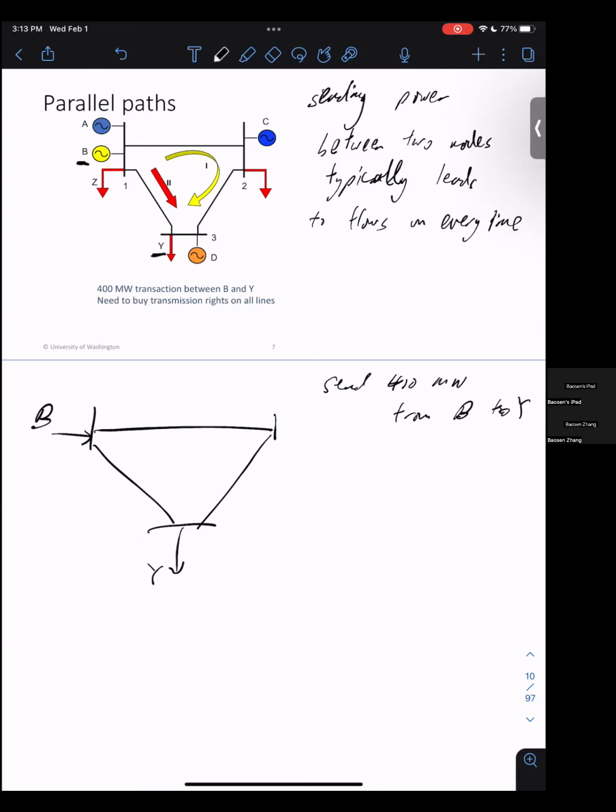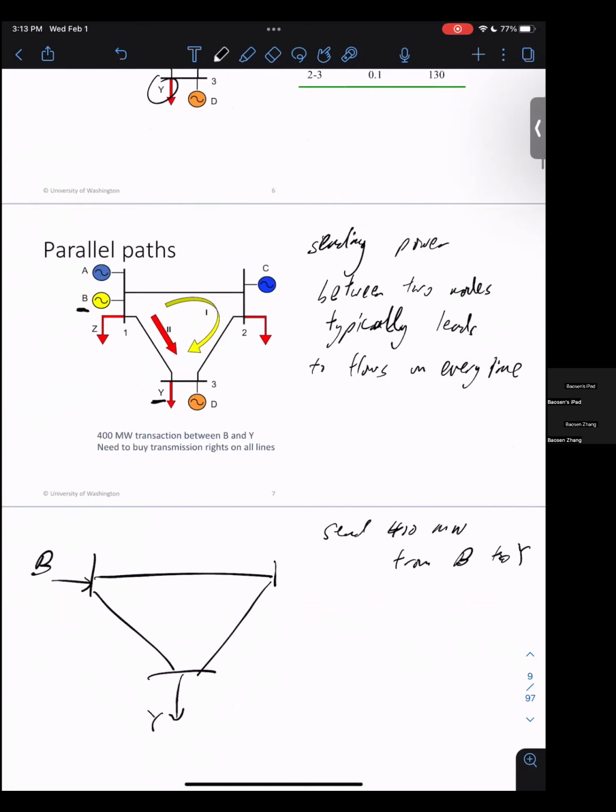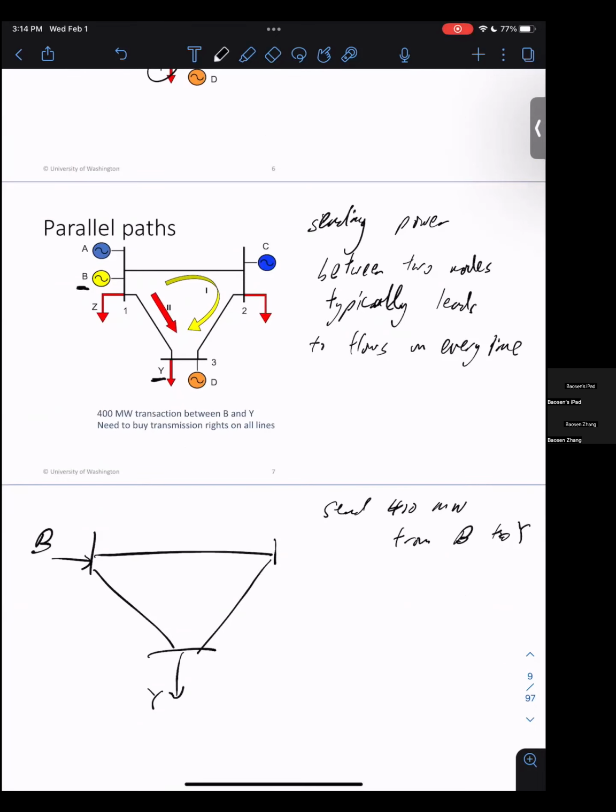Let's put some reactance on the lines. Let's say this line has X of 0.2, and this line has X of 0.1. These are the reactances on the lines. I want to send 400 from here to here. Now the question is, how much power goes here? How much power goes here?